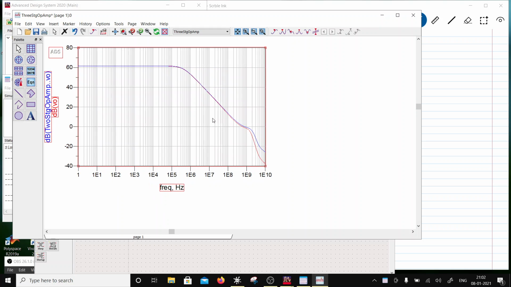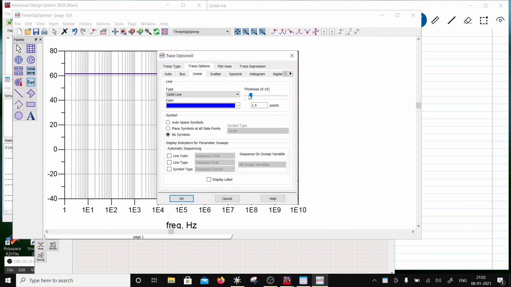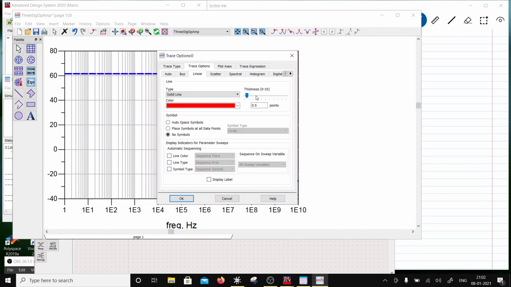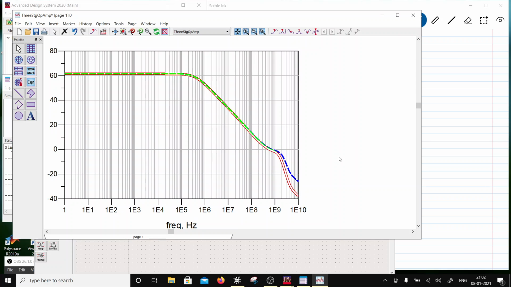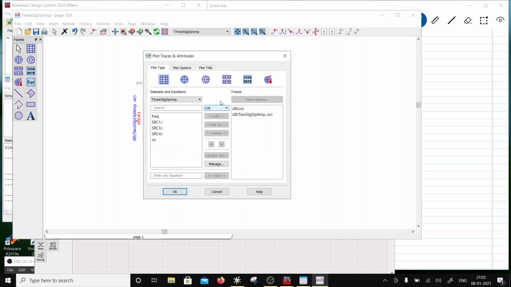You see that there is not much variation. The blue one is the two-stage op-amp, but the red one is the three-stage op-amp. Not much variation.